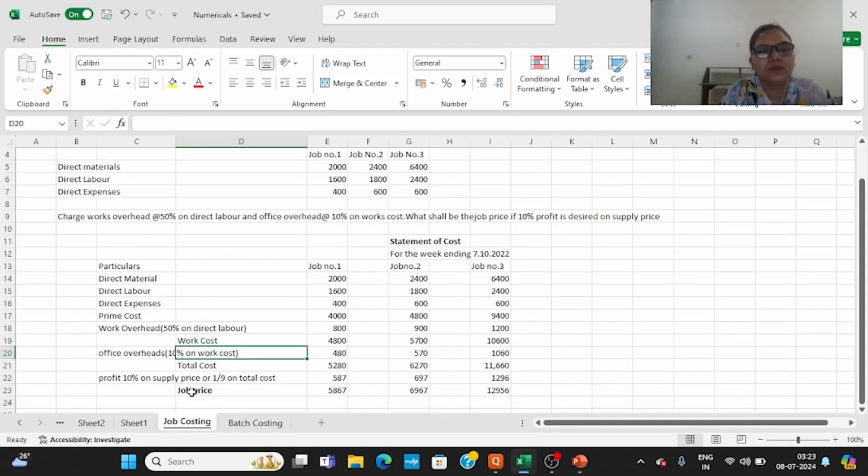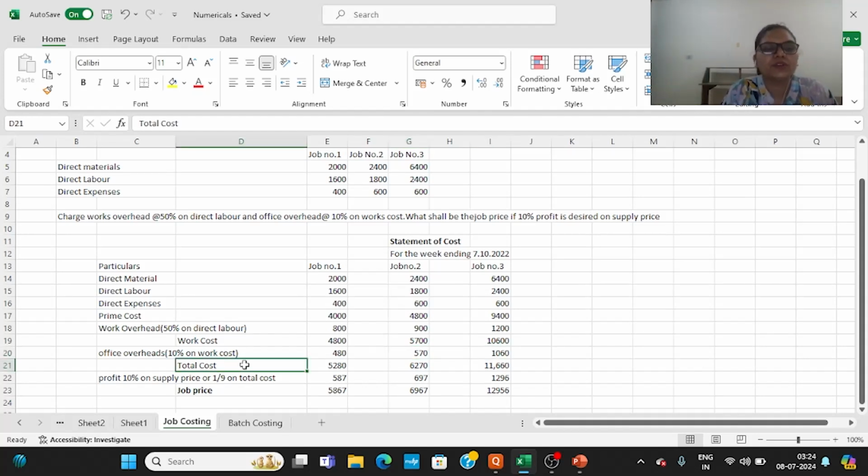After getting work cost, it has been specified in the question that we have to take 10% of work cost and treat it as office overheads. So 10% of 4800, 10% of 5700, 10% of 10,600: 480, 570, 1060. It will give you total cost.